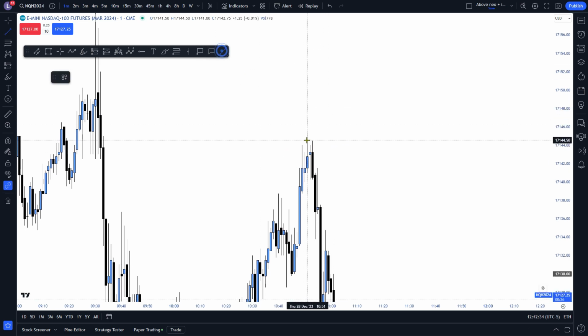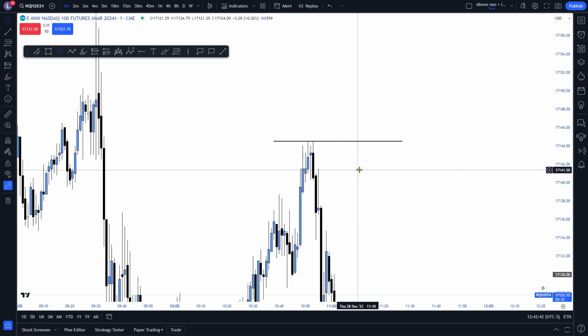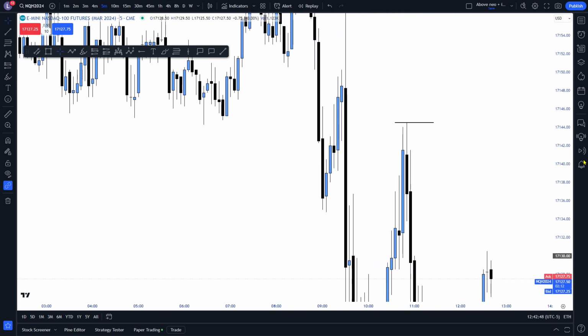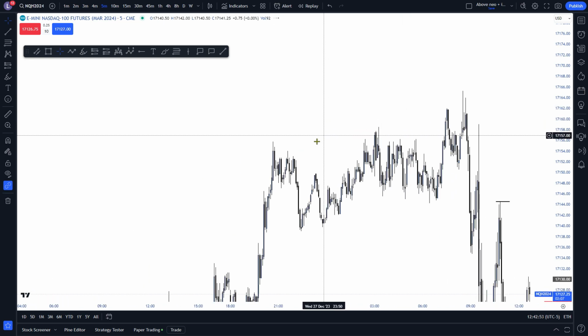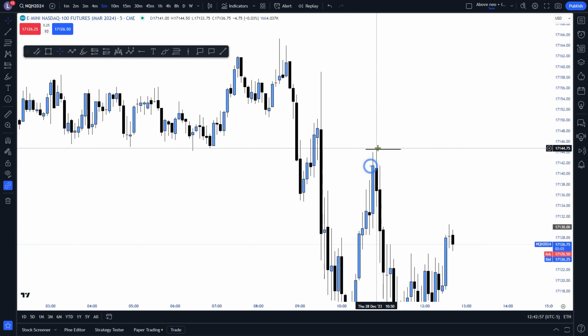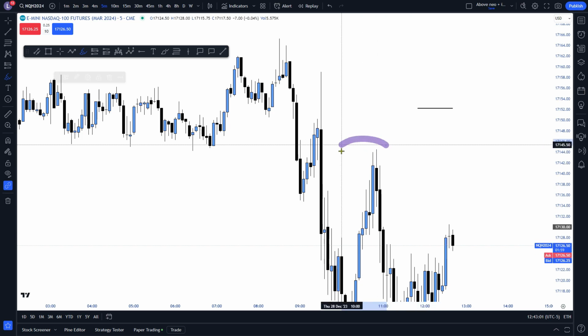So as you can see right here, price action comes to this exact mark. This wick of this candle and this wick of this candle are both at the exact same point. Now, it is important to know that when you are trading ICT concepts, the higher the time frame, the stronger the liquidity is. So let's say, see how here on the 5 minute we don't have any equal highs, none at all.